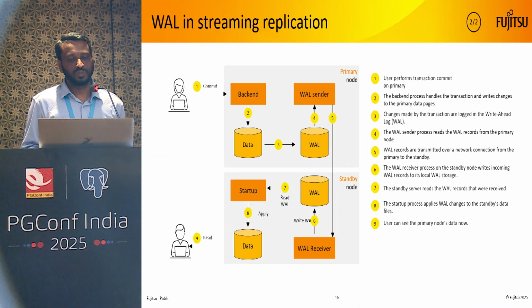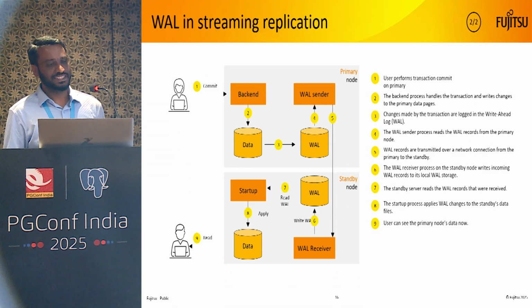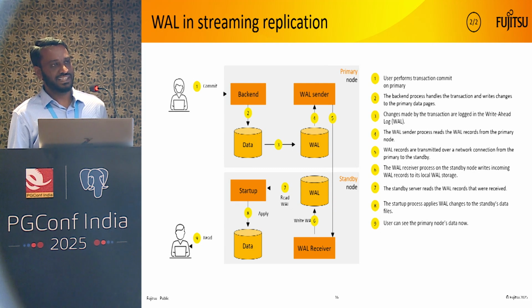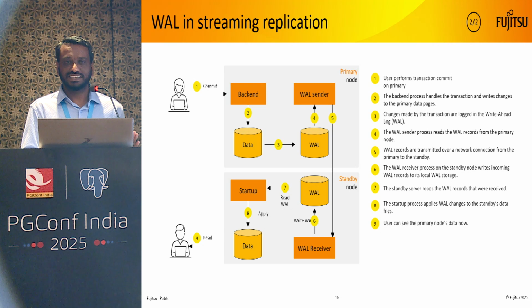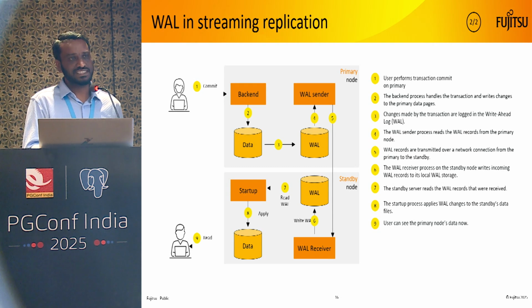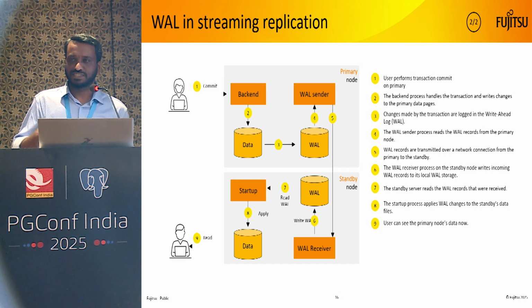So let's see how WAL helps us in streaming replication. When a user performs any transaction, the initial thing is the same. We will generate shared buffer and WAL buffer for the transaction data. Then WAL buffer contents will be flushed to disk, and for replication we will have a WAL sender process running. This WAL sender process will be reading these WAL records, and it will send them to the standby node.